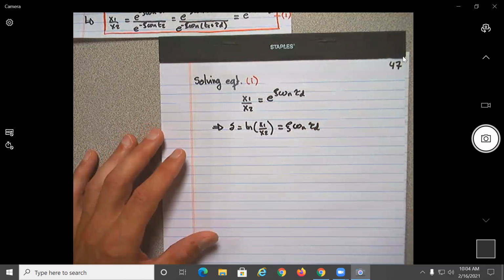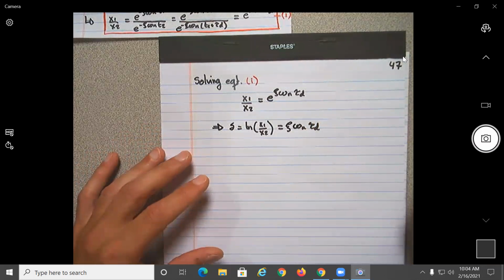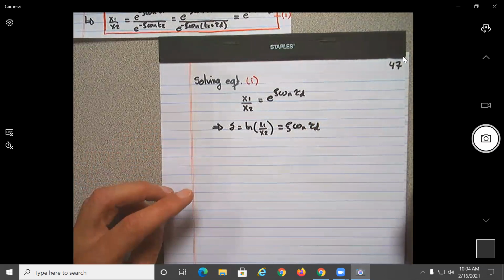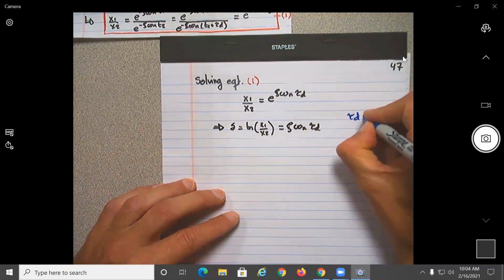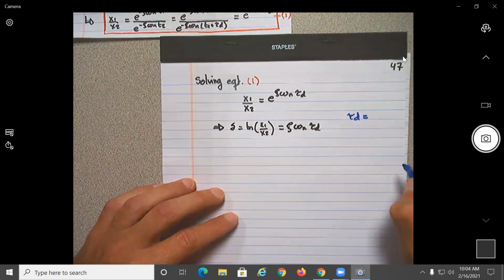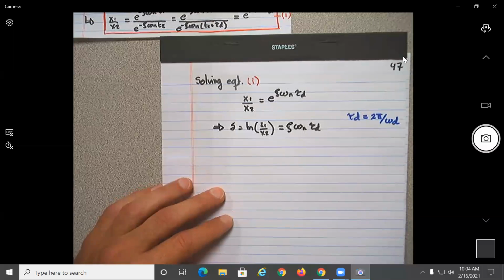And if you remember, pi_d is equal to 2 pi divided by omega_d.